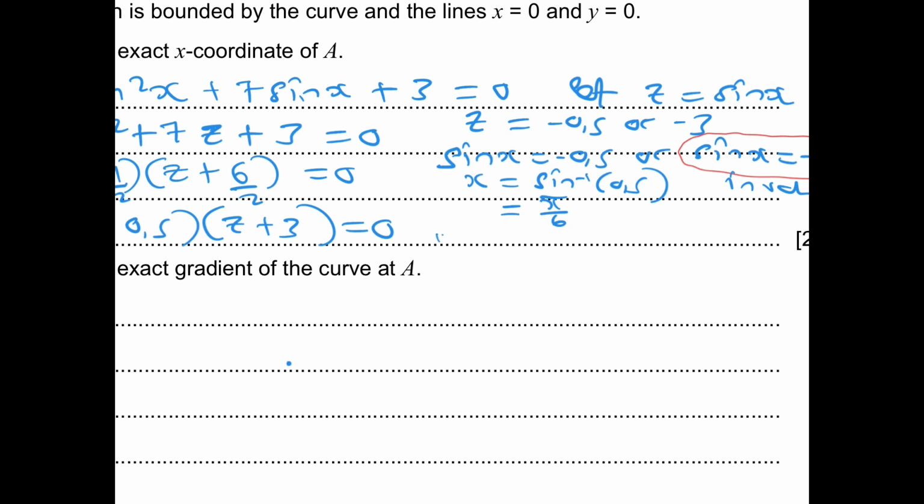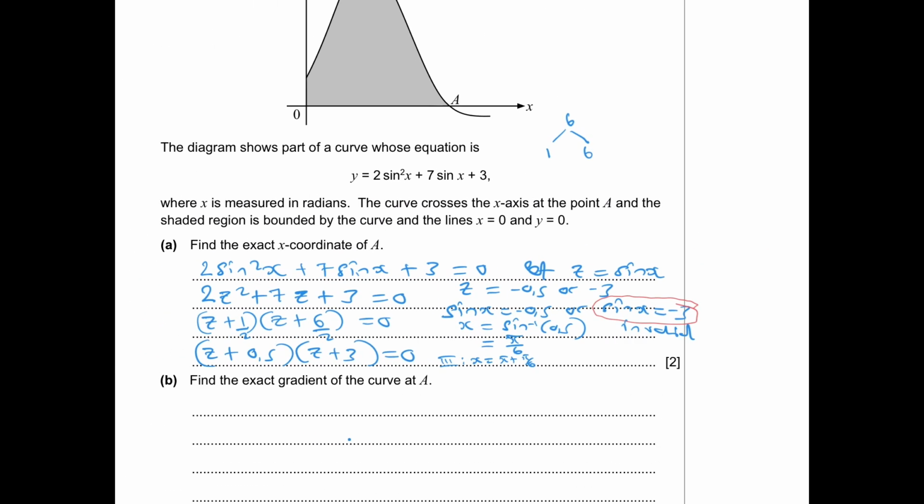In the third quadrant, we are going to have x equals pi plus pi over 6. And of course, in the fourth quadrant, that will be 2 pi minus pi over 6. But if you look at this diagram here, we want the smallest value of the two.